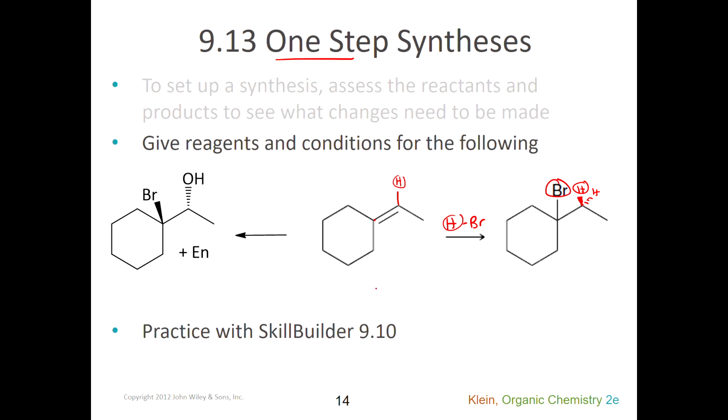If I wanted to produce the opposite product regiochemically, where the hydrogen adds here and the bromine adds here, so actually that addition would give me 4 different stereochemical outcomes. But if I want this regiochemical outcome, that's when I would use HBr with peroxides.